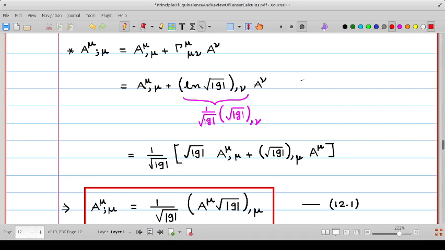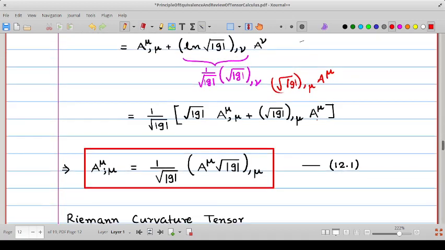So when it goes inside, the first term simply becomes A^μ_{,μ} as this one, plus, taking this factor of 1 over square root of g outside, the remaining terms are the square root of the absolute value of g comma ν, A^ν. But again, since ν is a dummy index which is summed over, I replace ν by μ, and it doesn't matter which symbol I use to represent that index.